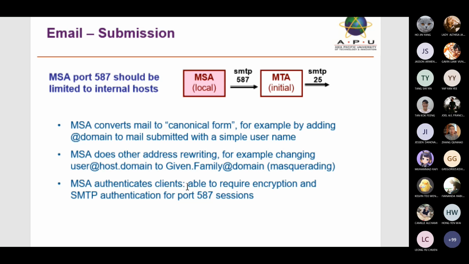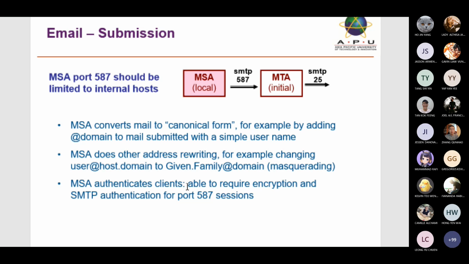This is a kind of a global agreement about best practice for designing our mail server architecture. All right? We're not going to do any of that, but it's important for us to know that this is where it should be done.